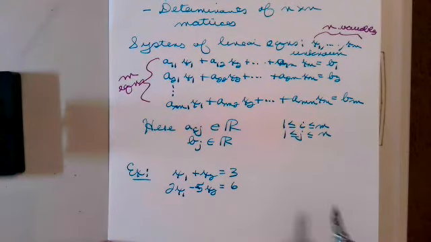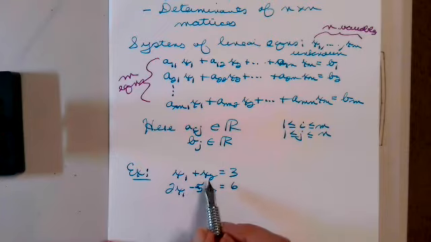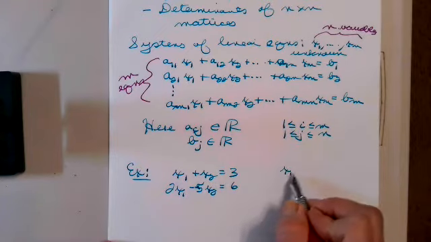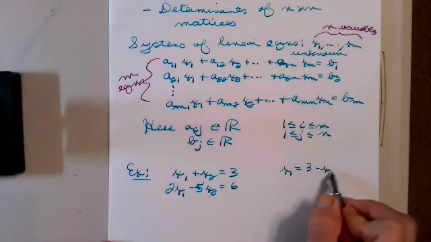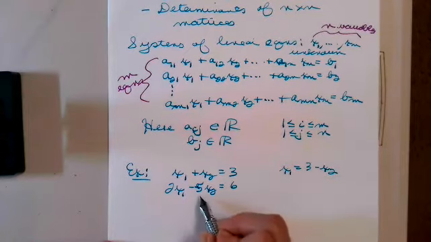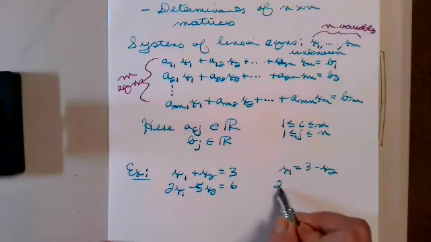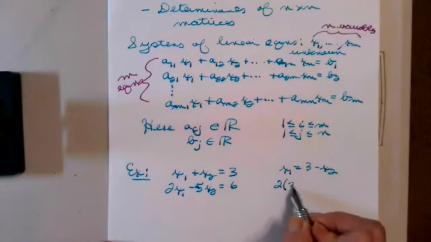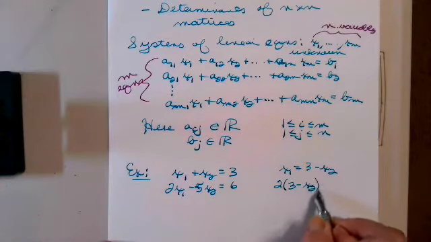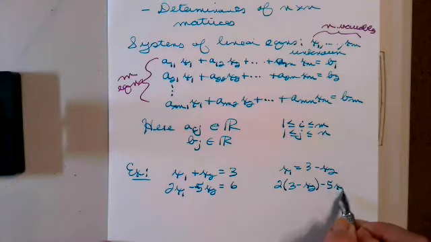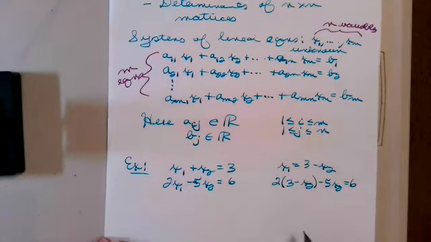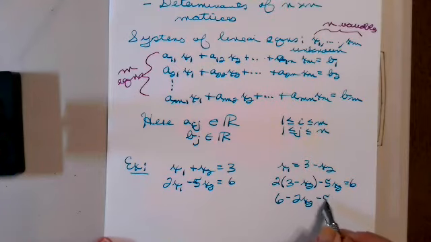Now you could solve it by substitution. You could say x1 is equal to 3 minus x2, and then you could put it into this equation. So instead of writing x1, you would say 2 times (3 minus x2) minus 5x2 equals 6. And so we would have 6 minus 2x2 minus 5x2 equals 6.